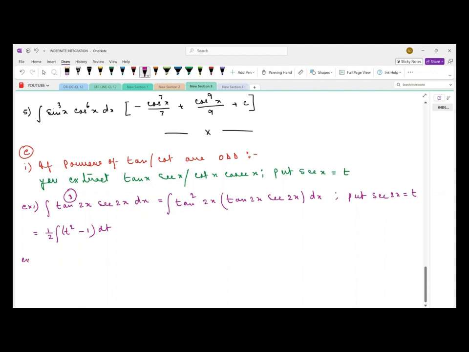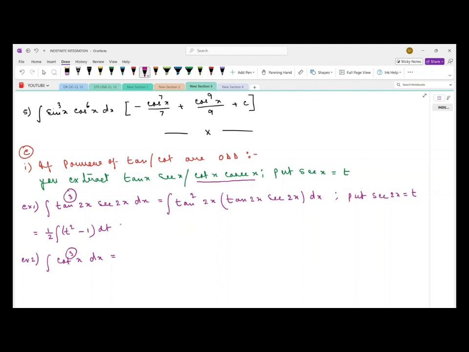Example 2, suppose you have cot cube x dx. Here, instead of tan, you have the power of cot odd. So I have to extract cot x cosec x.